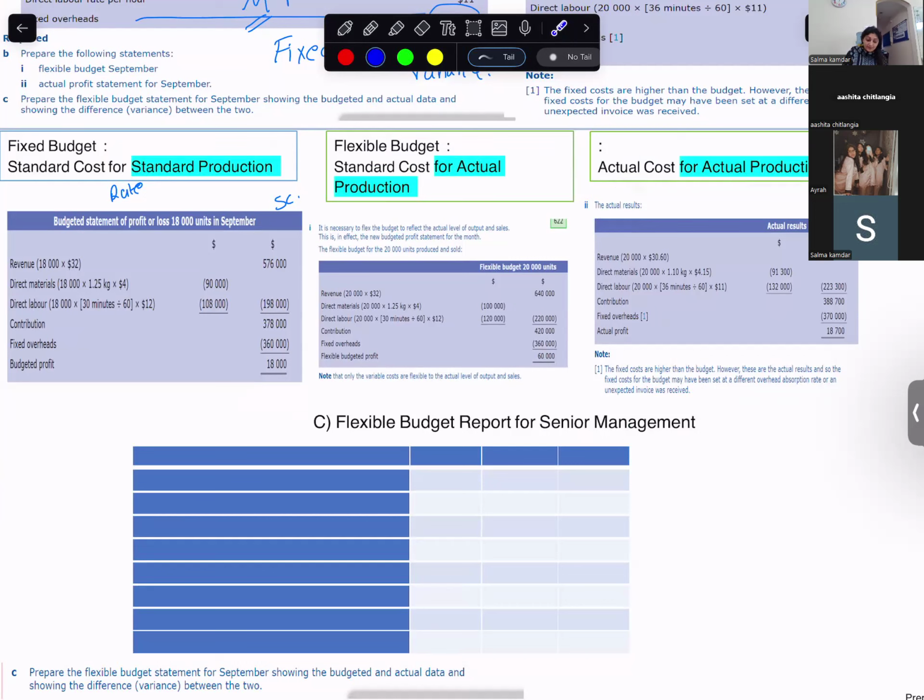That means there is a difference between your standard cost and actual costs. So you have to do variance analysis. When you are doing variance analysis, you will compare which budget with which budget? Master budget with flexible budget with actual budget. So you are going to compare your standard cost and the actual cost for actual production.